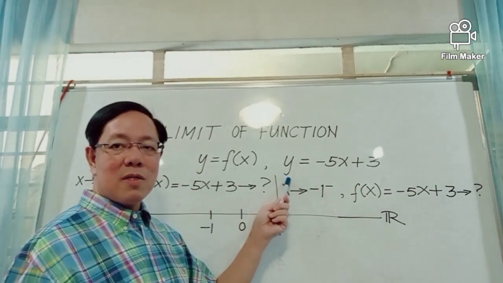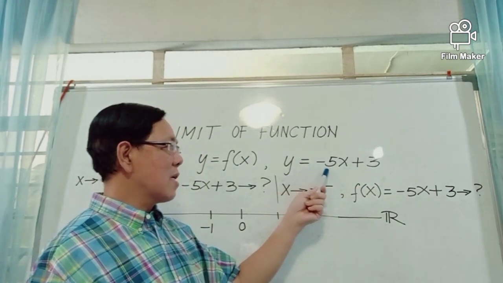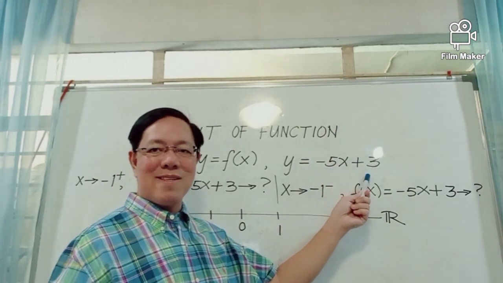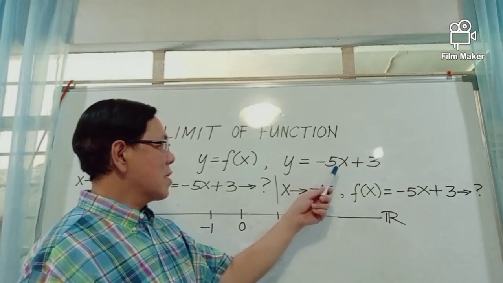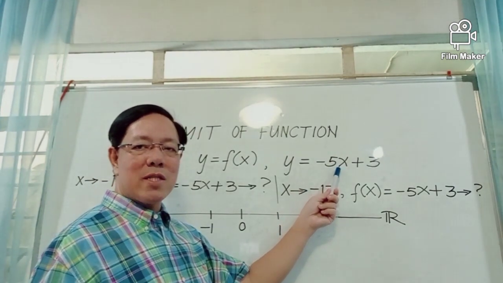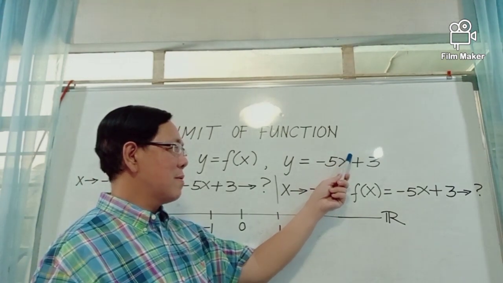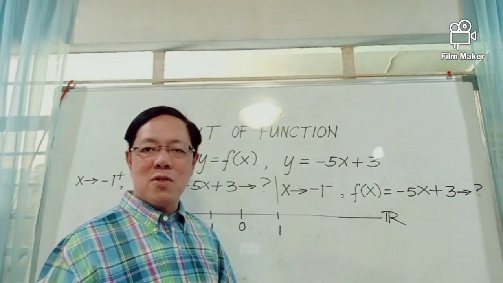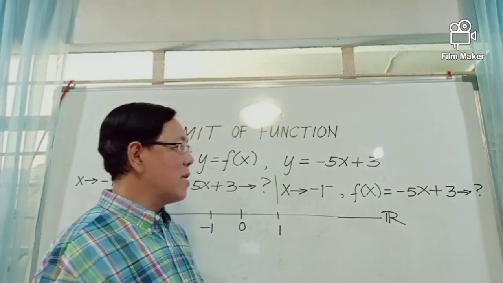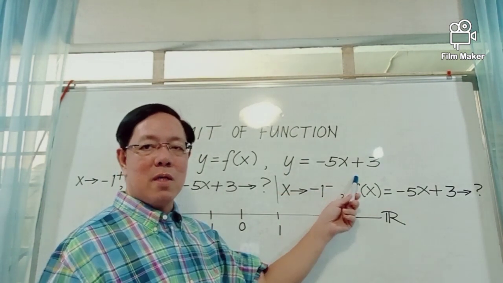We consider the function y equals negative 5x plus 3. This function is a linear function because you can see the exponent of x is 1. So this is a linear function, a function in which the exponent of any variable is 1.